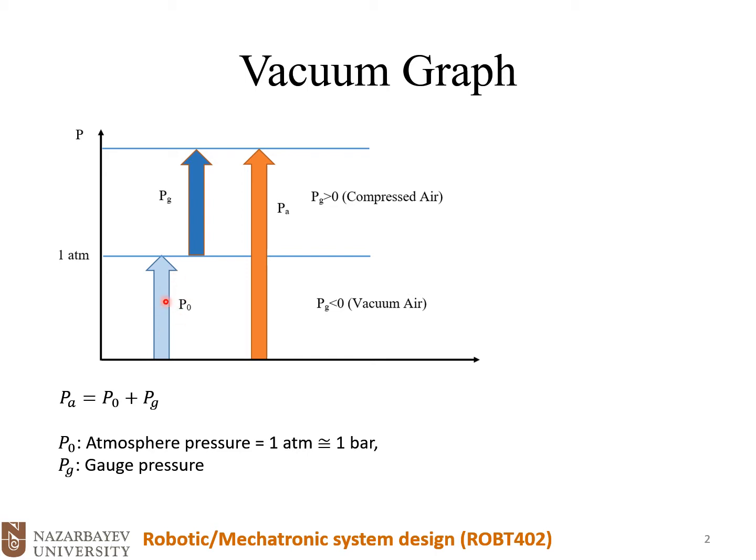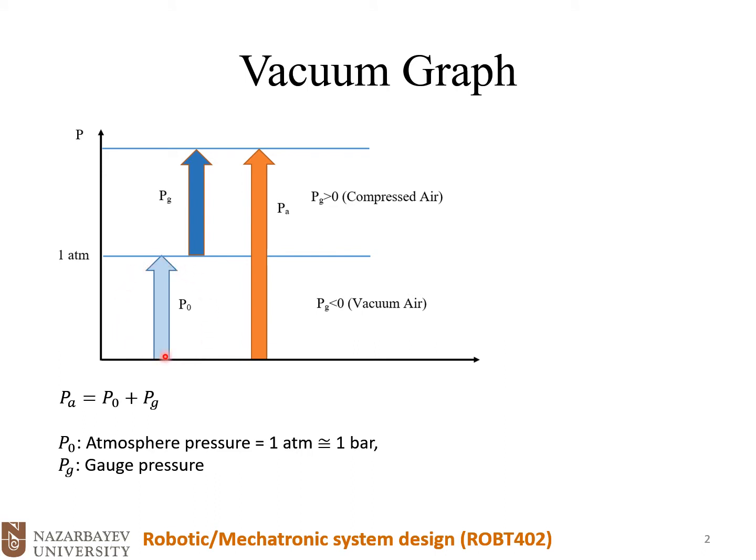However, we could have gauge pressure of less than 0, or negative gauge pressure, and we will call that vacuum air. In this case, the absolute pressure will be less than P0, or less than atmosphere pressure.